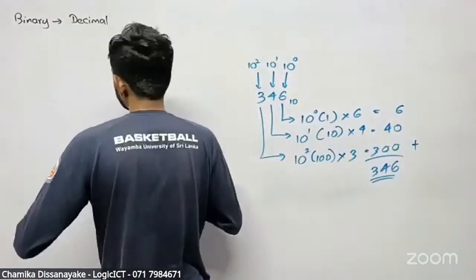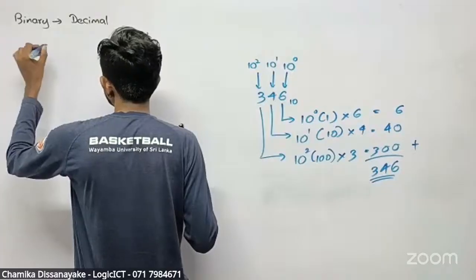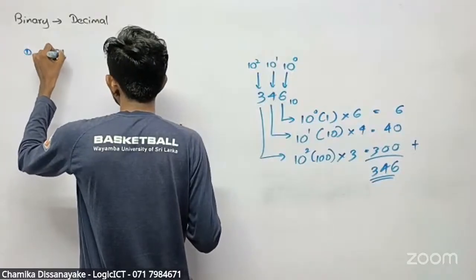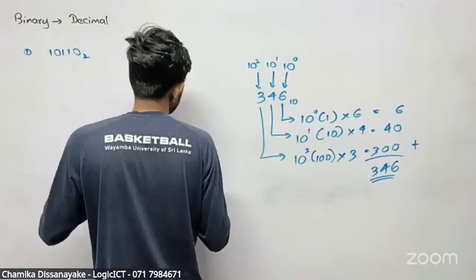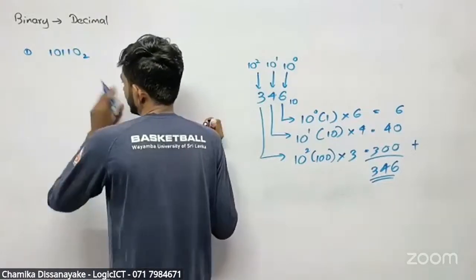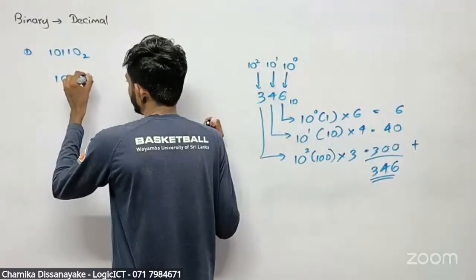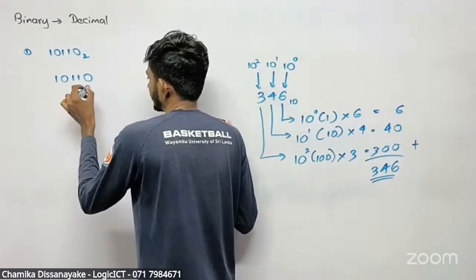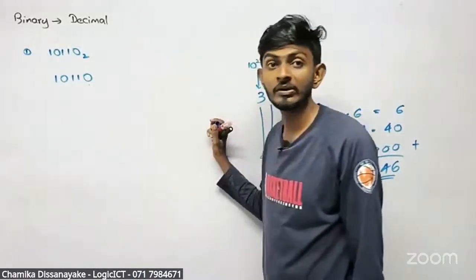For the first one, I will take a simple number: 1 0 1 1 0. This is in binary form. We have to get the weighting factor first.